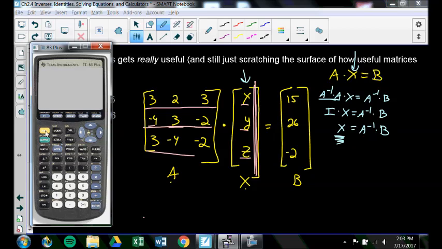I'll quit out of this. Here's the beauty. I can do second, x to the negative 1 and just not press enter. Just grab matrix A. Here's matrix A. Find the inverse of A, which was this button right here. Delete all those extra inverses now. A inverse times B. X is 8, y is 12, z is negative 11.